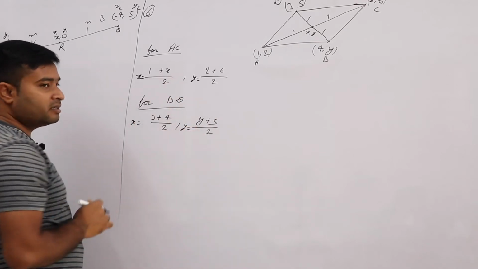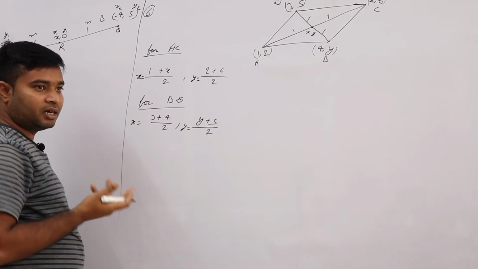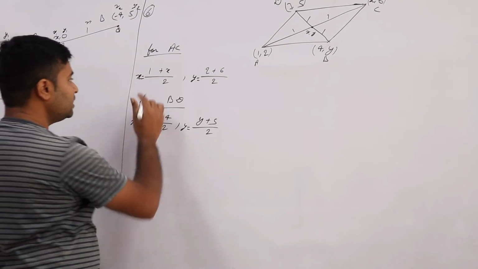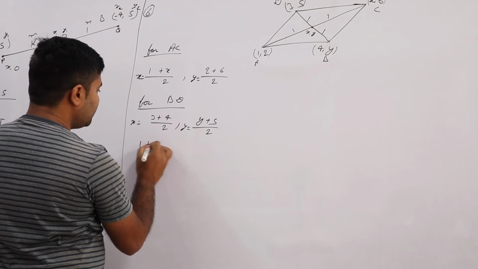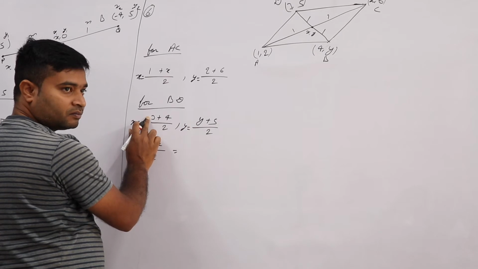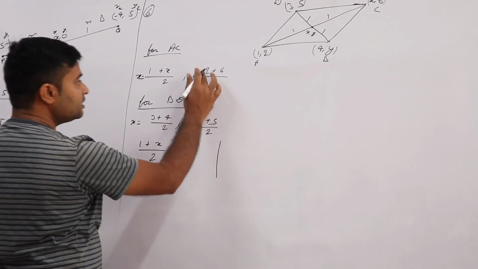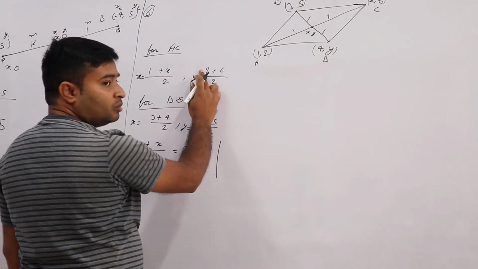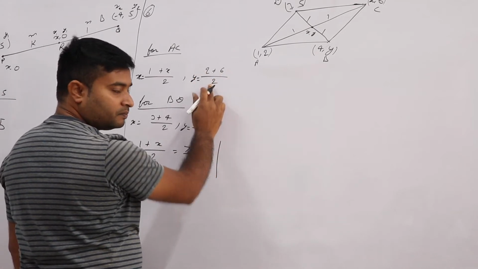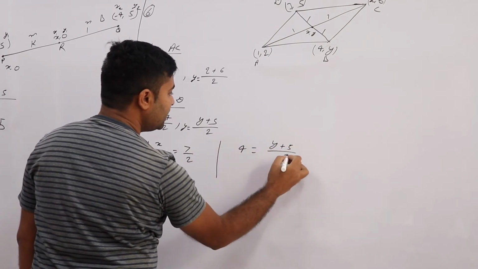Can we compare x and x? Why not? Both are the same. So compare here: 1 plus x by 2 is equal to 4 plus 3, 7 by 2, and 6 plus 2 is 8, 8 by 2 is 4, equal to y plus 5 by 2.